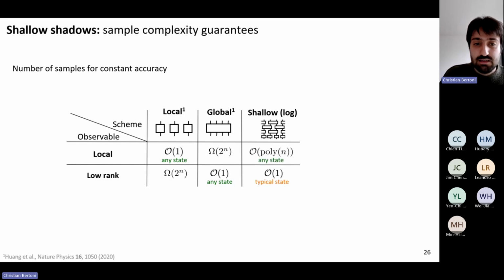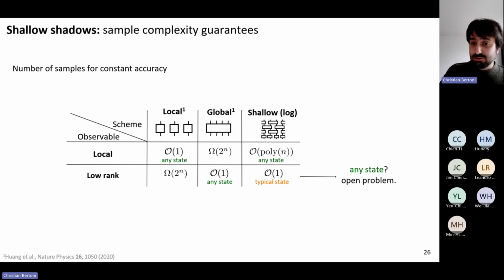And in our case, we find that local observables need a polynomial number of samples for any state, while low rank observables, fidelity estimation, need a constant number of samples, just like global shadows. But importantly, we were able to prove this only for a typical state, meaning that we draw a state at random from a one design, so from some ensemble, and we show that on average the sample complexity is low.